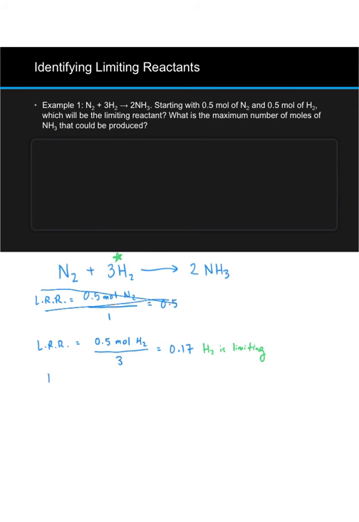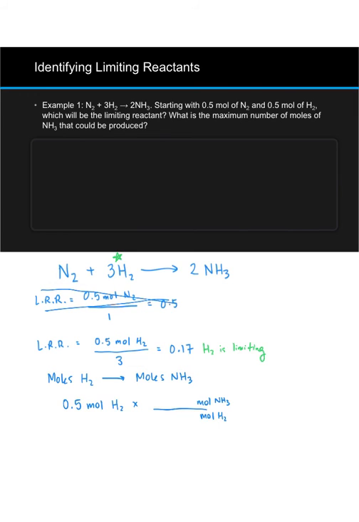So, let's go from moles of hydrogen into the thing that we're interested in, which we can do directly in just one step. That's moles of our product ammonia, NH3. Our moles of hydrogen to start are 0.5. We're going to convert to moles of ammonia by filling in a conversion factor with stoichiometric coefficients.